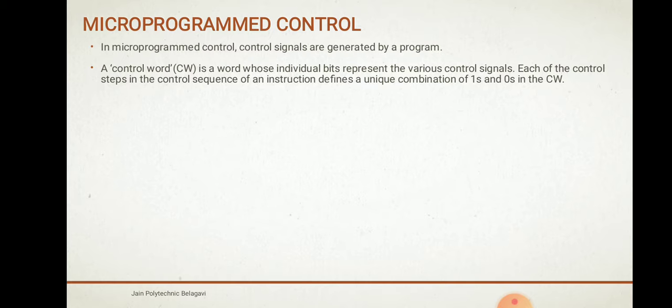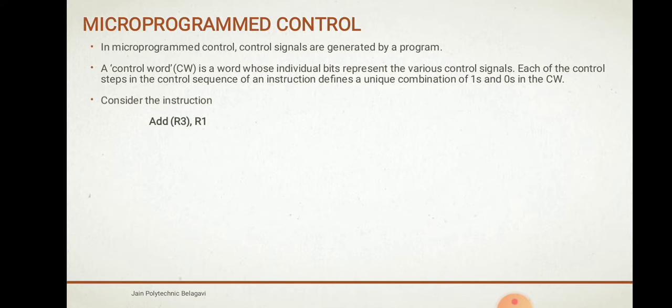Each of the control steps in the control sequence of an instruction defines a unique combination of ones and zeros in the control word. So a control word consists of a number of individual bits, zeros and ones. It is called a control word.